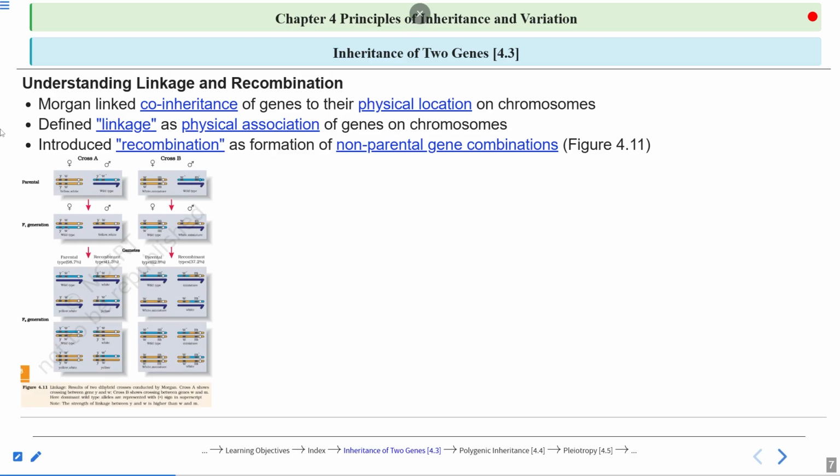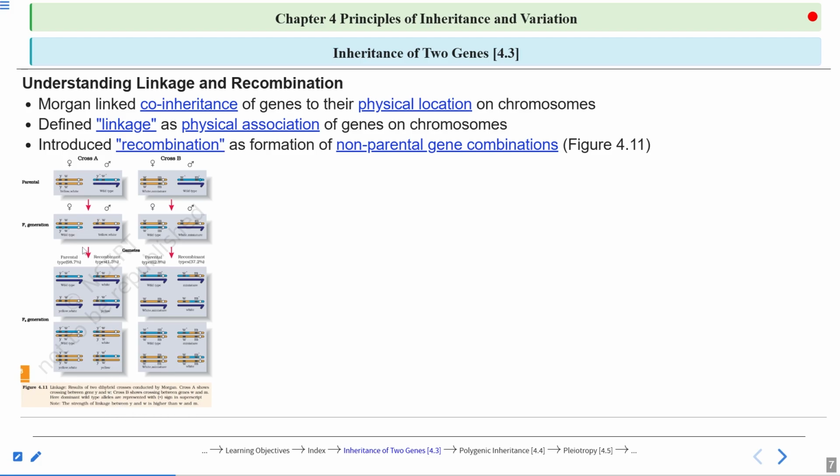So you can see in this image, two crosses are shown to you, cross A and cross B. In cross A, parents are given to you and the genes are also given to you: Y and W, Y dash and W dash. The positive sign in the superscript is shown, Y positive and W positive.